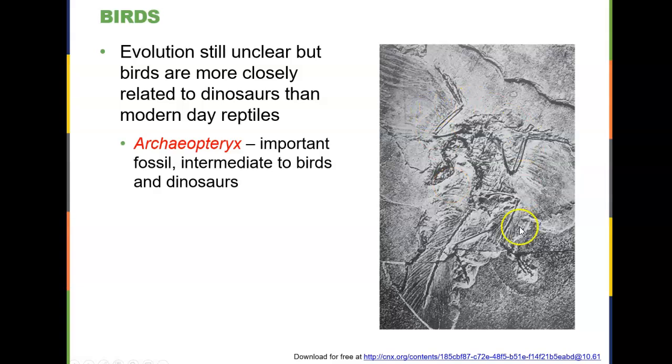So this is it that was found that appears to be a transition species between the birds and the dinosaurs. You can clearly see what look like feather structures and also some reptilian structures as well. And so this is believed to be one of those transition species that led to the evolution of modern day birds.